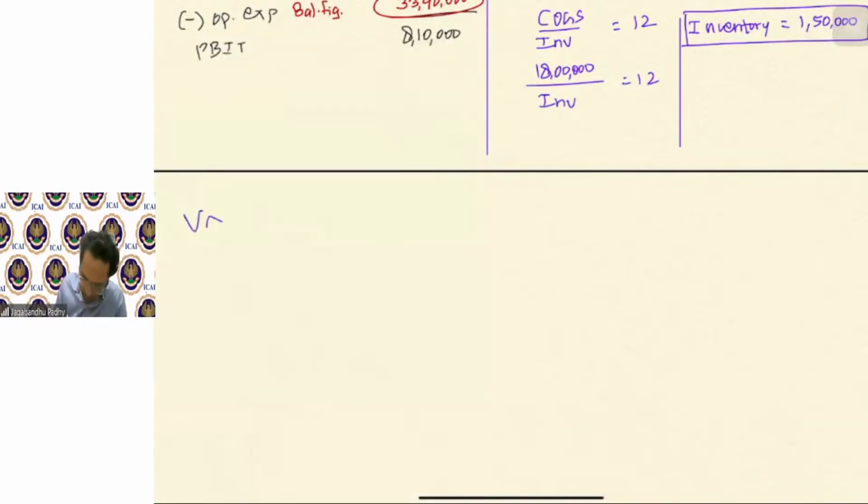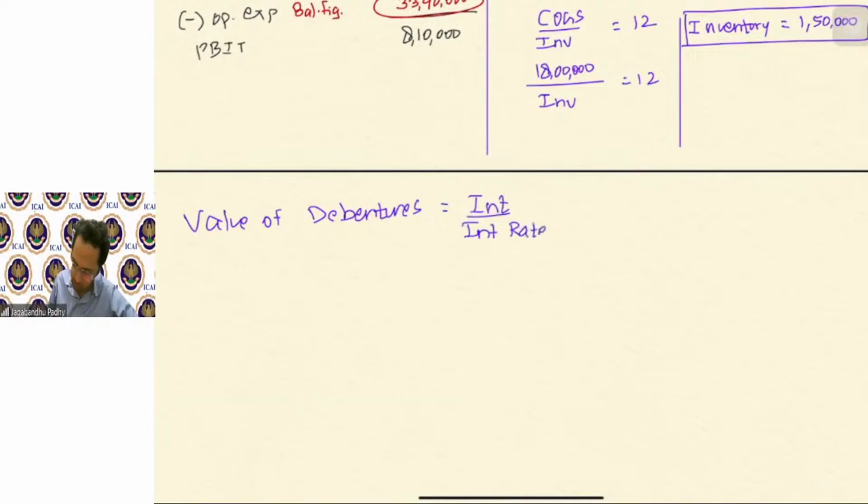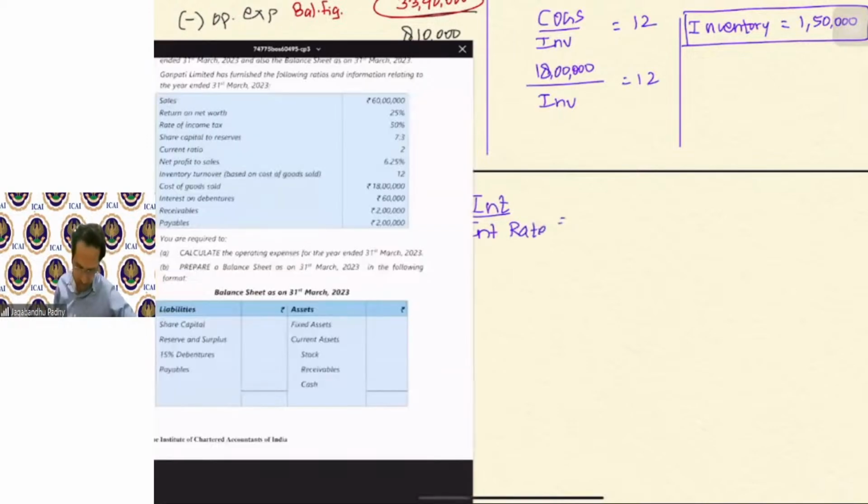Value of debentures is equal to the interest divided by the interest rate. Debenture interest is 60,000 and the interest rate that we have seen is 15%. Debenture amount will be 4 lakh.